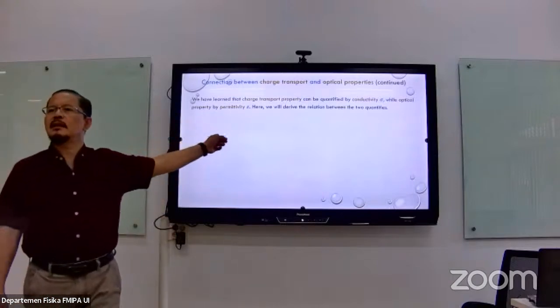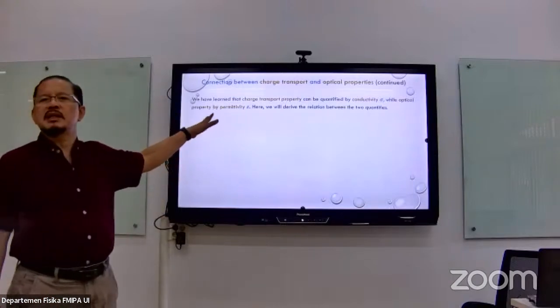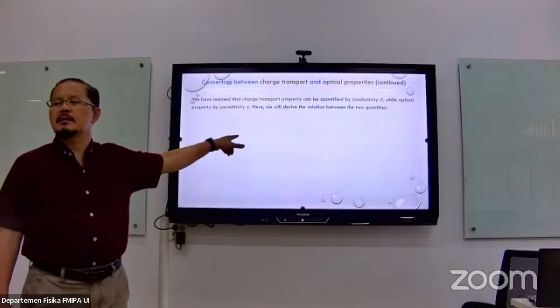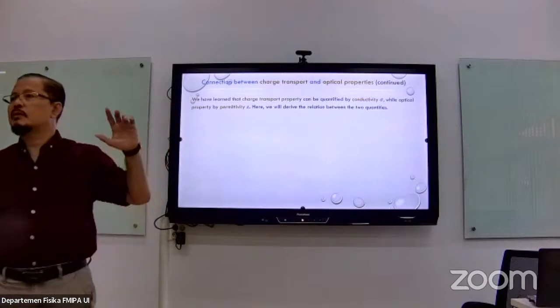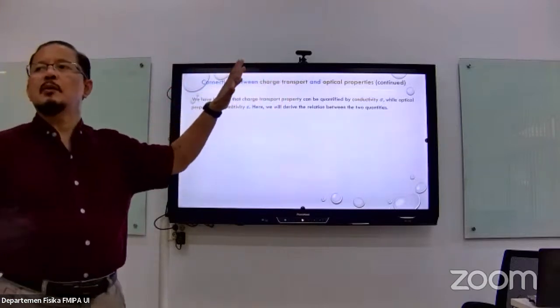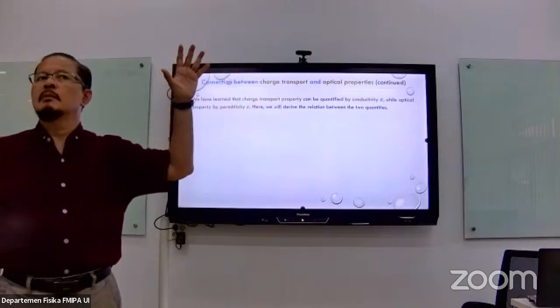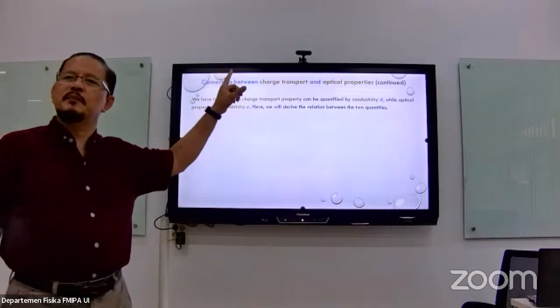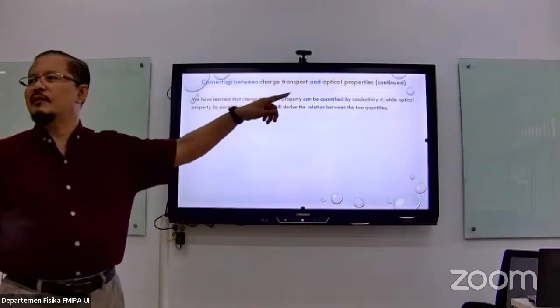That is the material covered by Dr. Adam, right? In this session about transport properties. So when we talk about charge transport, usually we talk about conductivity.